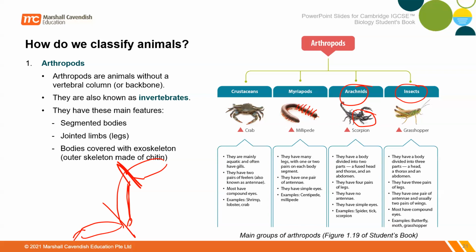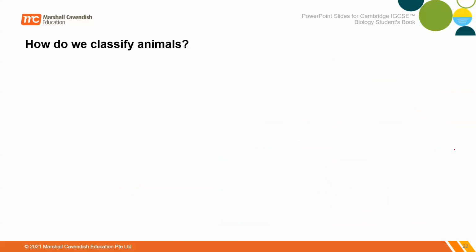They have 3 pairs of legs, and please don't be confused: 4 pairs of legs for arachnids and 3 pairs of legs for insects. They might have 2 pairs of wings. Usually they have wings, and they have 1 pair of antennae. Most of them have compound eyes.